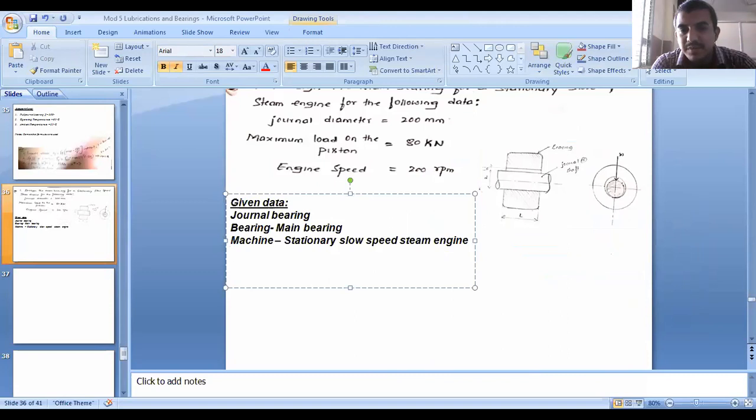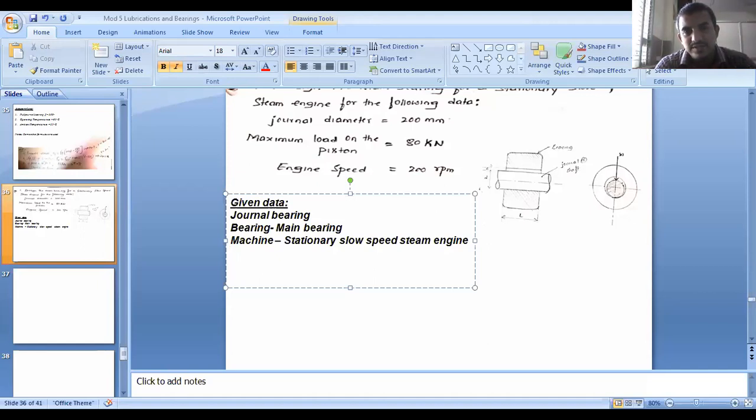How do you represent journal diameter? Please try to solve. Otherwise, if you want to solve this same problem by yourself, it takes more than 2-3 hours.